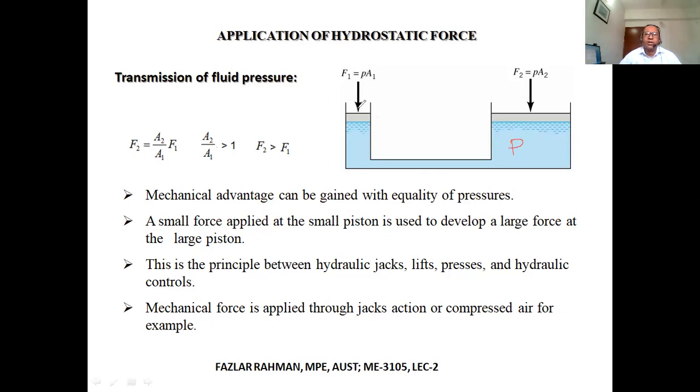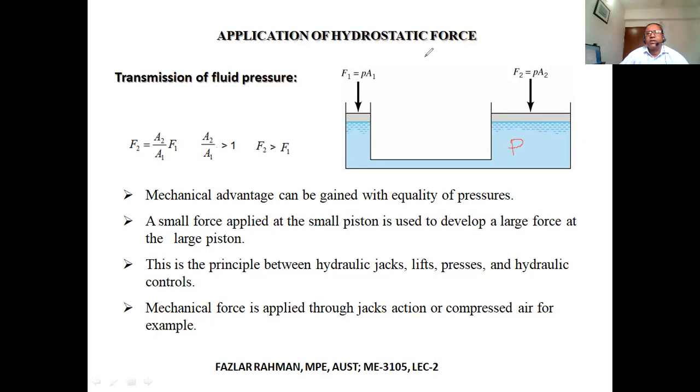Say you apply force F1 through a piston right over here, then that force will be distributed over here. So due to the applied force F1, it creates pressure P.